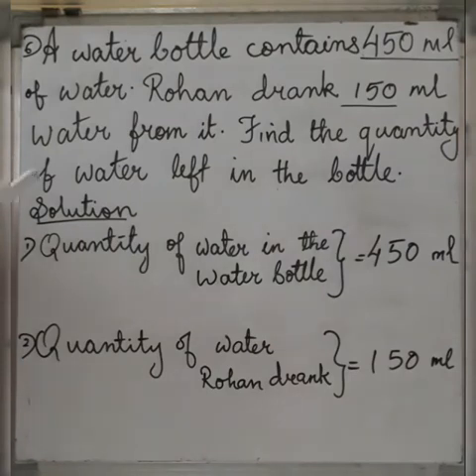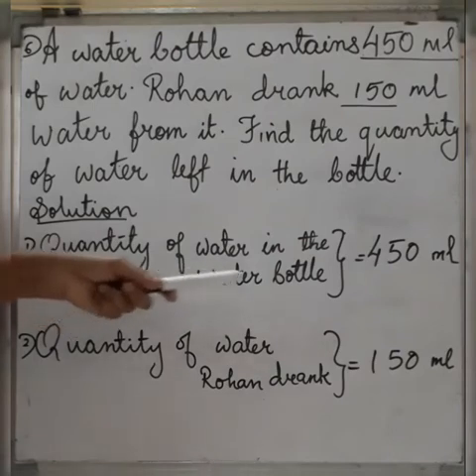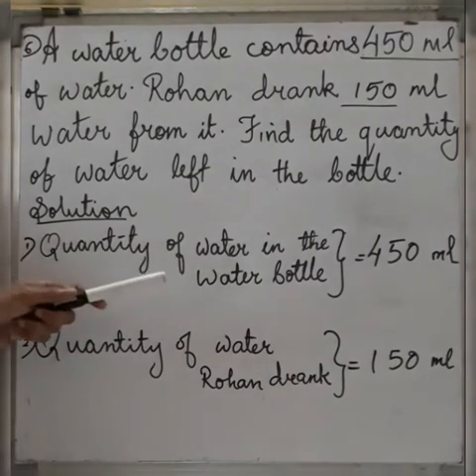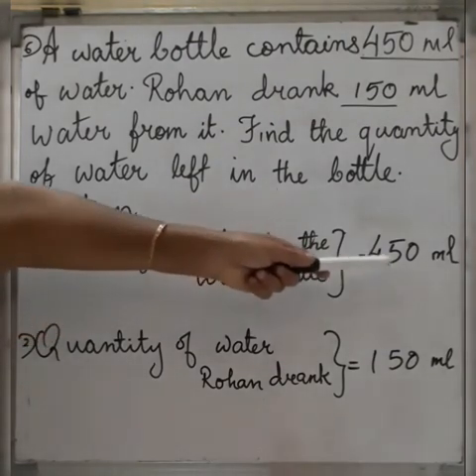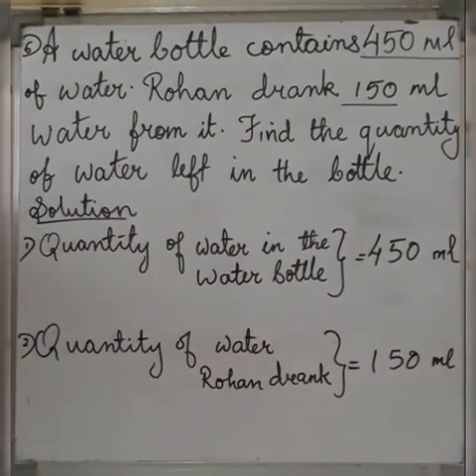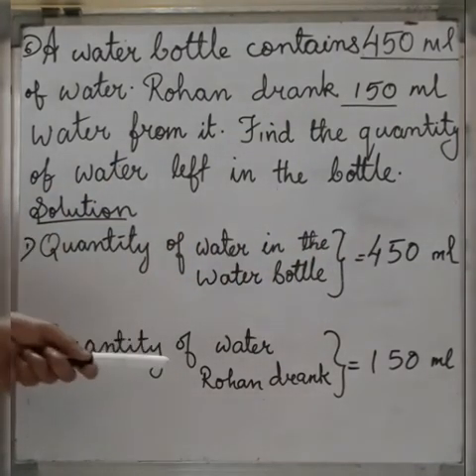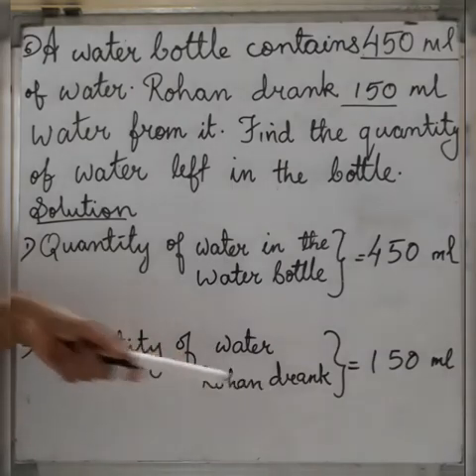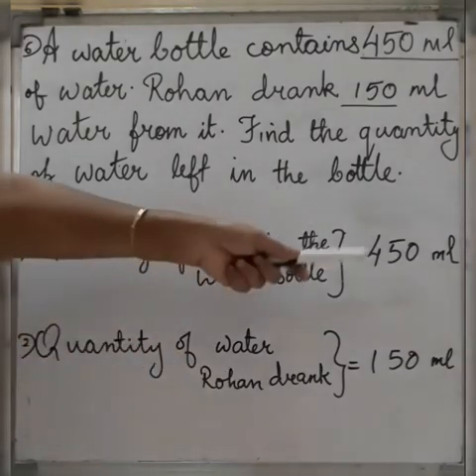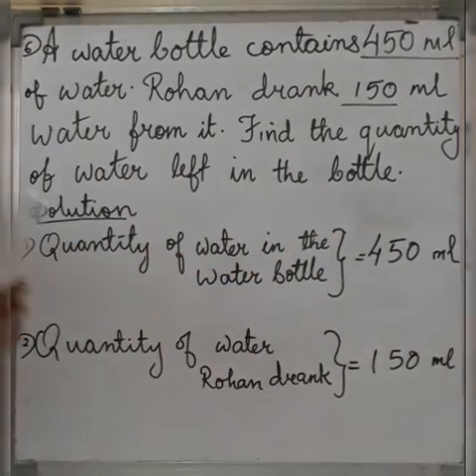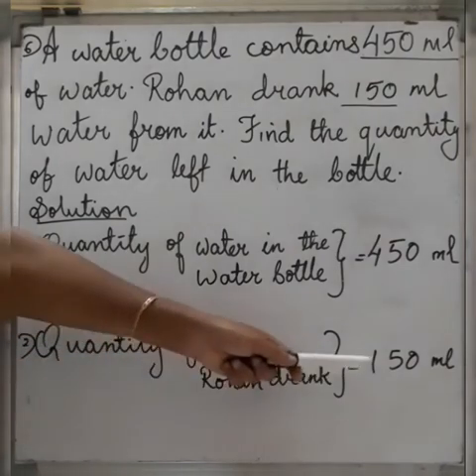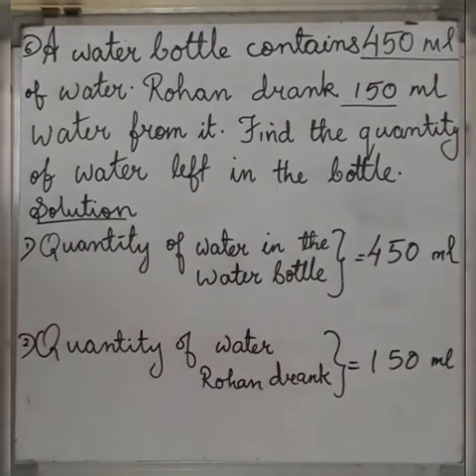So, the solution is quantity of water in the water bottle. Water bottle contains 450 milliliter water. Quantity of water Rohan drank. From that 450 milliliter water, Rohan drank 150 milliliter water.